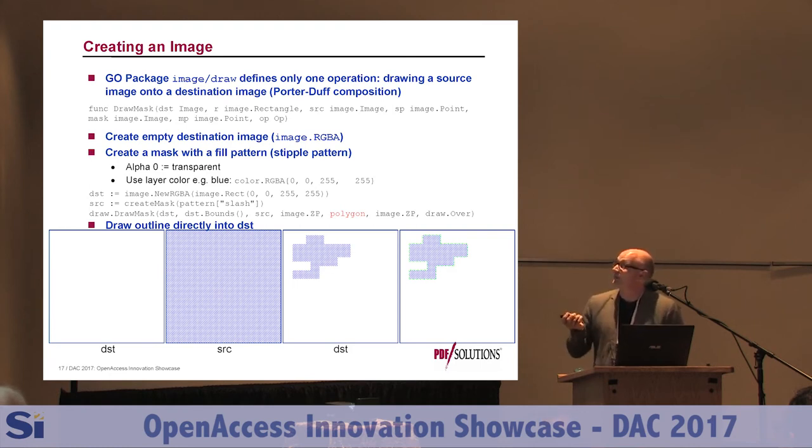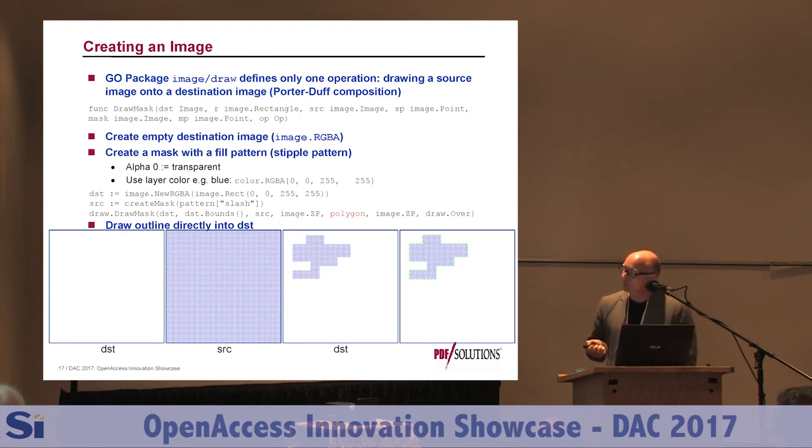You have a source image and you can place it into a destination image. So that's pretty much it. It's really basic. There is one further little detail here. They have a draw mask function where you have the same concept. You have a destination image and you put in a source image, but you also have a mask. I'll explain in a moment why this helps us.